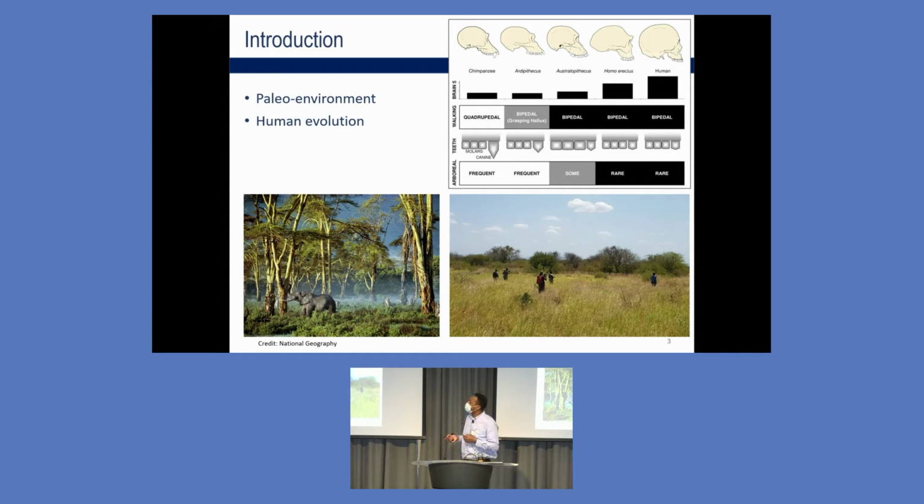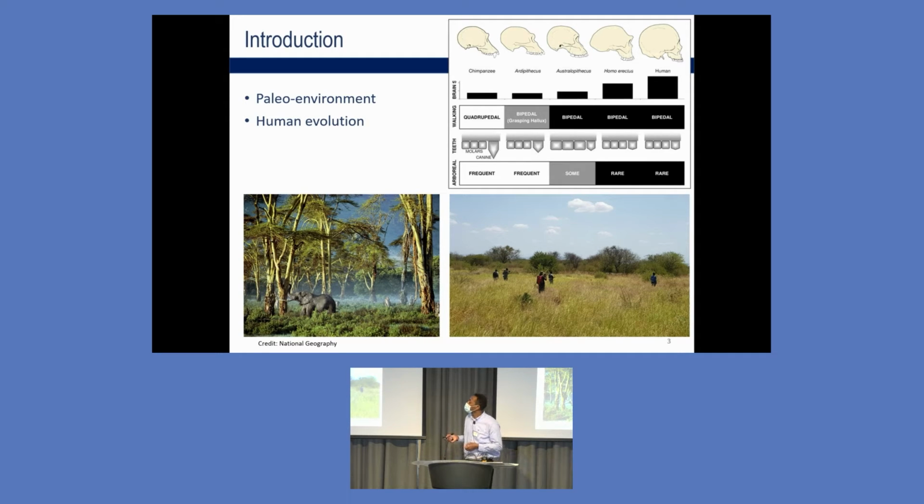At around 5 million years, the East African region was a wooded, closed canopy environment. From that point on, the canopy started to open up and become grassier, open grassland. Along with this paleoenvironmental change, we have recognized major events in human evolution.